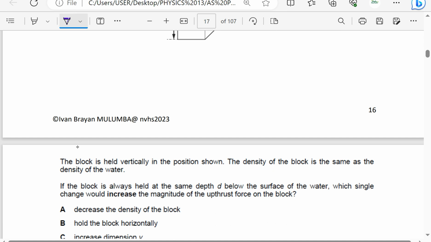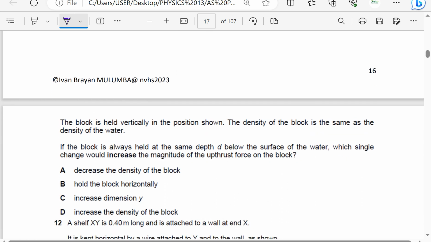If the block is always held at the same depth D below the surface of the water, which single change would increase the magnitude of the upthrust force on the block?